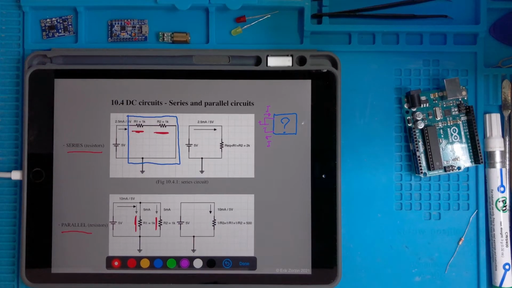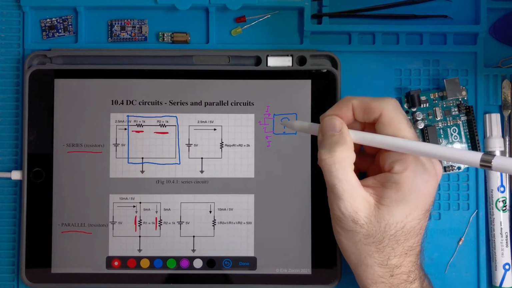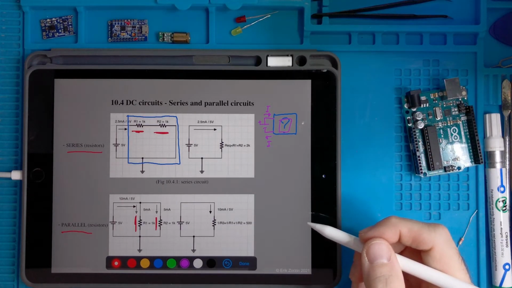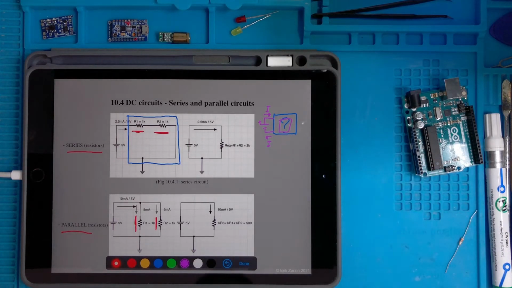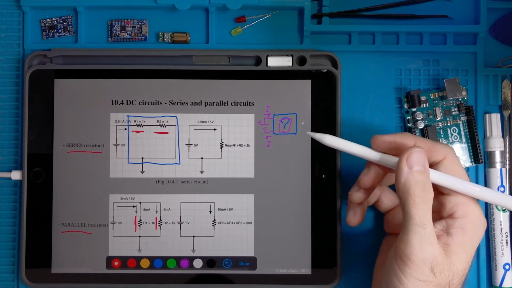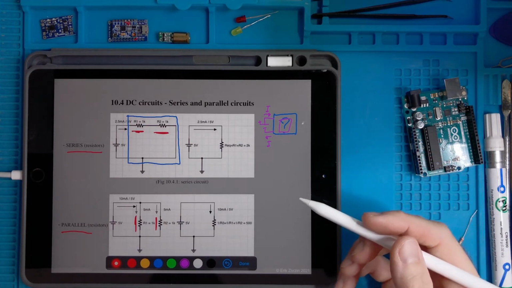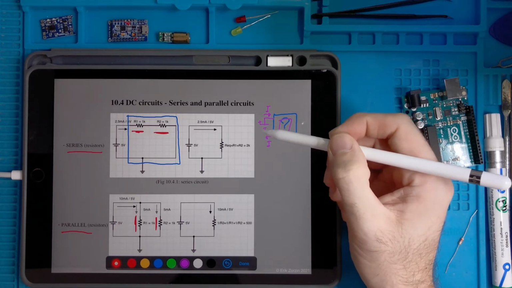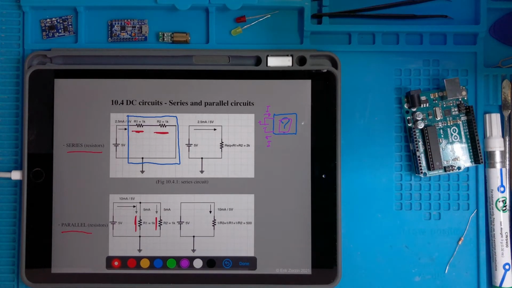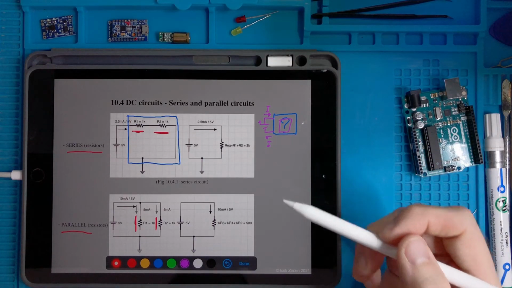So one question is, can I replace whatever is inside here with something else that produces the same current here? If we can do this, and the answer is yes, then this secondary circuit is called equivalent, in the sense that it will produce the same effects in the external world, which is now represented by the battery.